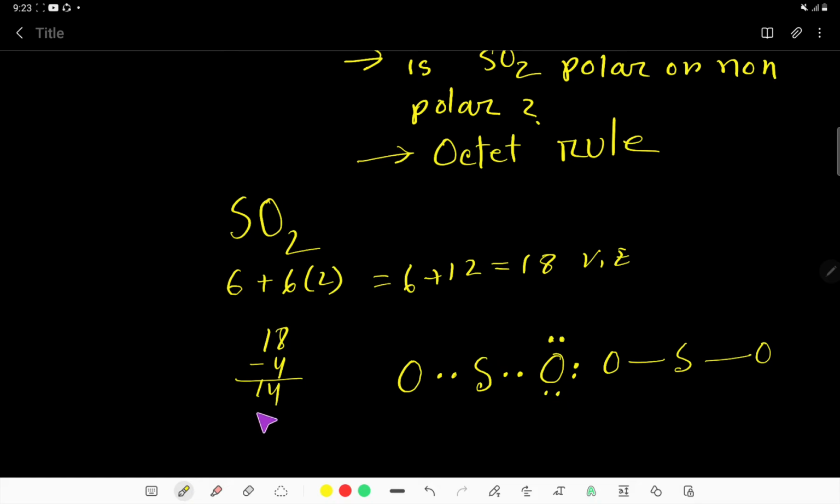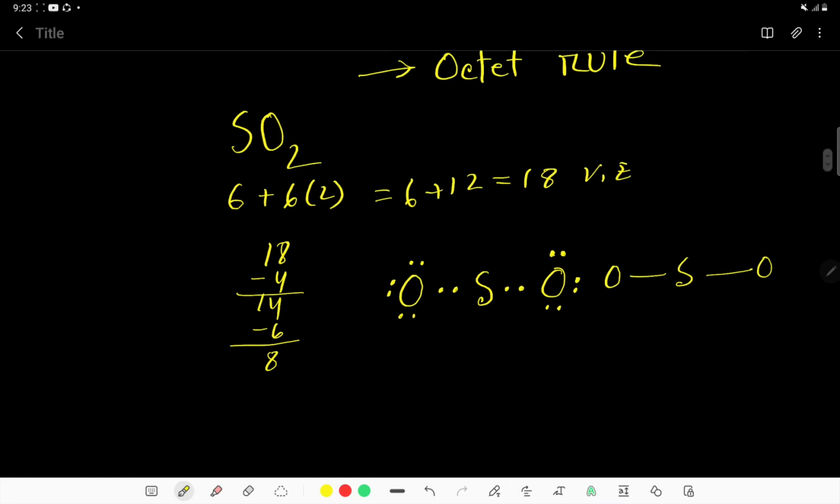So now how many electrons do you have? 8, right? Out of these 8, this oxygen also will take 6 more to satisfy its octet. So now you have just 2, so these 2 will come here, right?